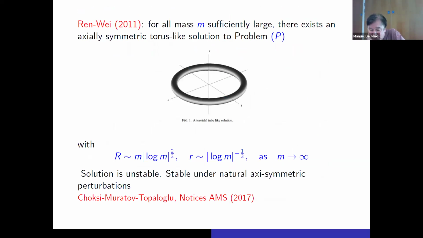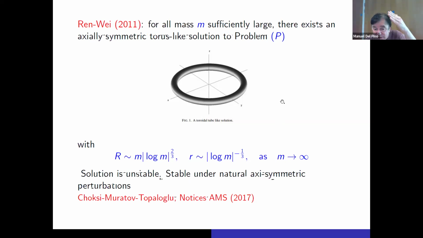Okay, let me tell you about one non-trivial solution, very different from a ball, that was already found. This is a solution that is radially symmetric, I mean axially symmetric. Say you have X, Y, and Z, and this is a surface of revolution. What was found by Ren and Wei in 2011 was that for every mass M sufficiently large, there exists an axially symmetric torus-like solution, a torus that looks like this.